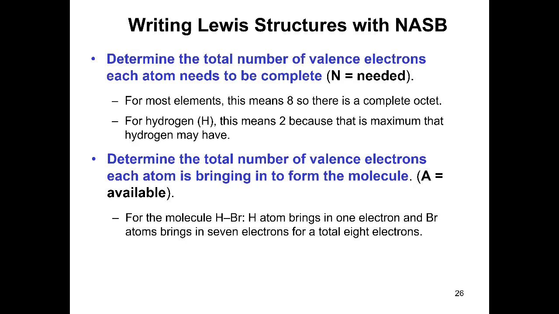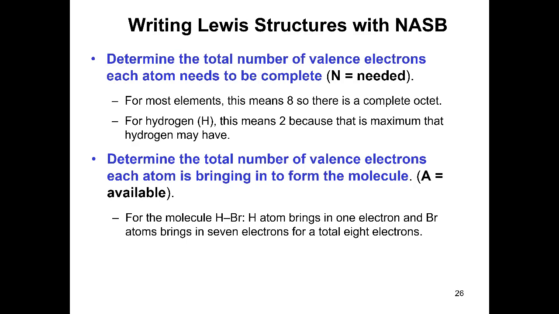If it's not hydrogen, it needs 8. So you look at how many non-hydrogen atoms you have and multiply that by 8, and that gives you how many are needed. And if you have any hydrogens, you're going to need 2 electrons for each one of those. That's the N of the NASB, needed.